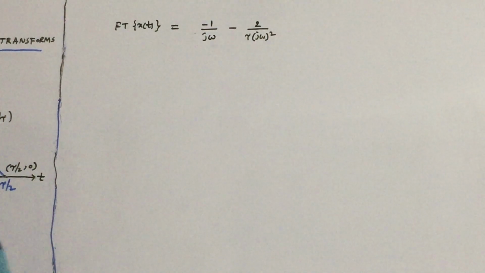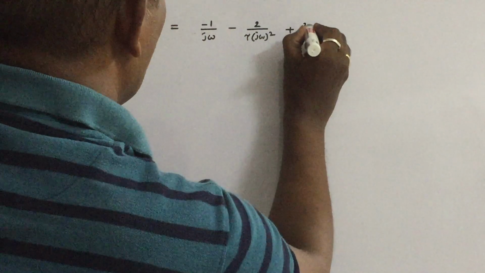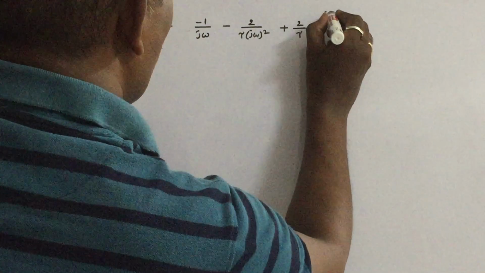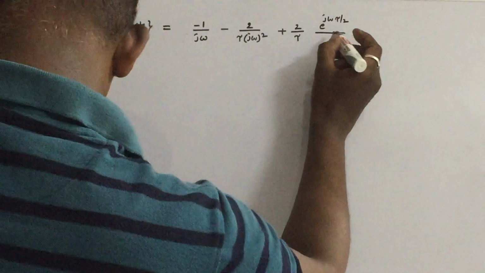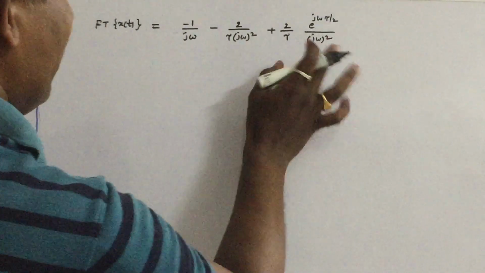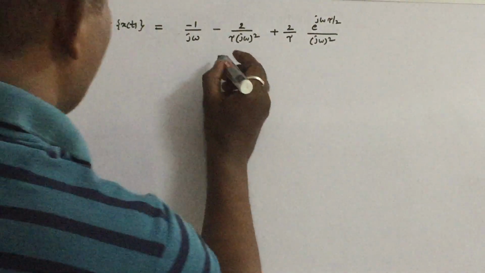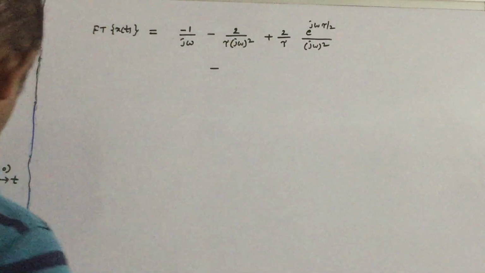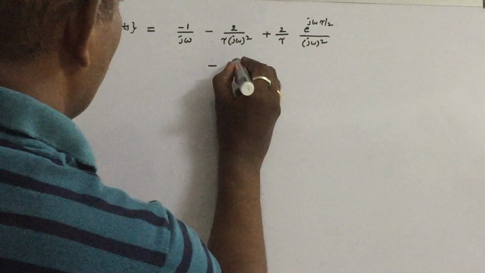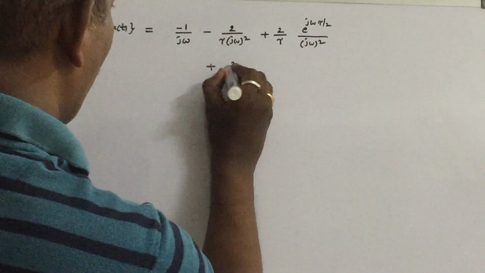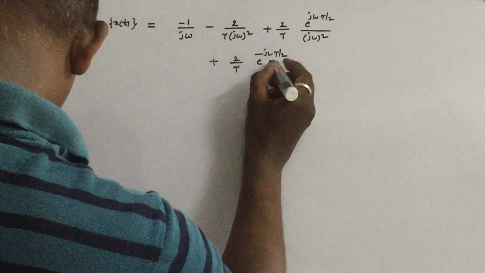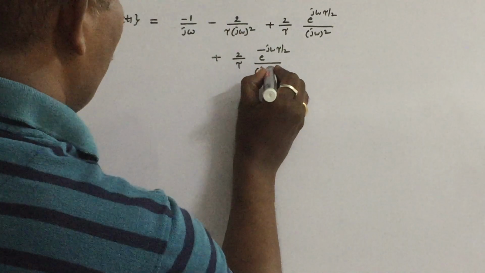So minus of minus plus 2 by tau, e power j omega tau by 2 by j omega whole square. So this is the first term after applying the upper limit and lower limit. Let us do it for the next terms. If you substitute tau by 2, the first term is 0, the second term is plus 2 by tau into e power minus j omega tau by 2 by j omega whole square.